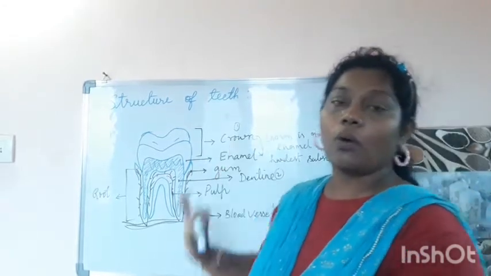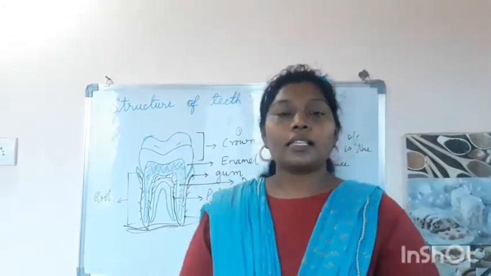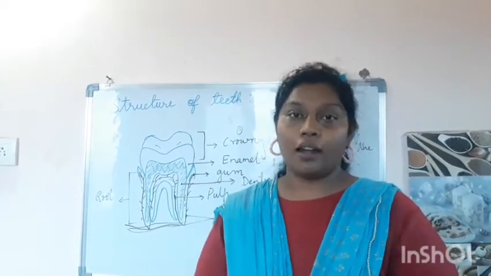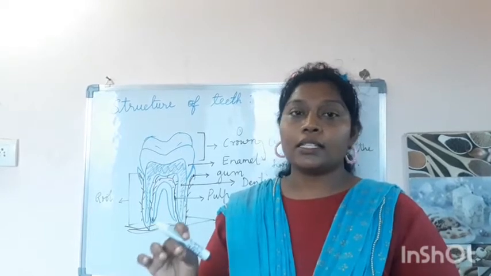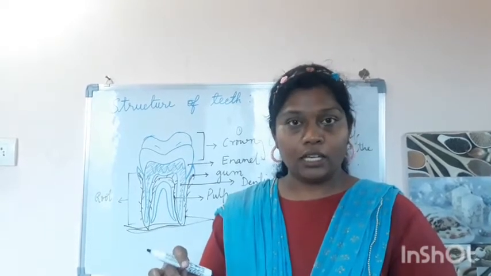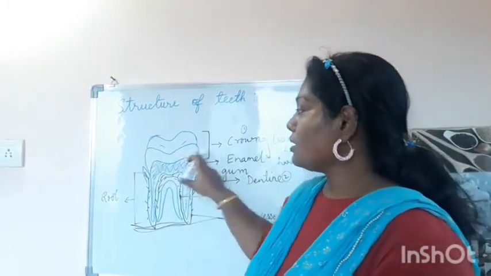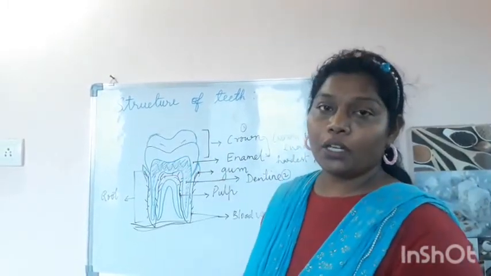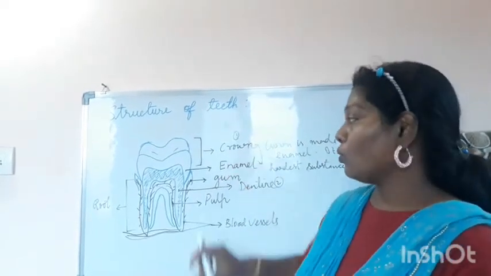C-R-O-W-N, crown. This crown is very hard. It is useful for chewing, cutting or any activity for the food. So this is the basic part of the tooth. It is called the crown.